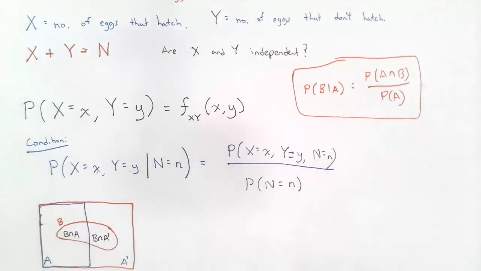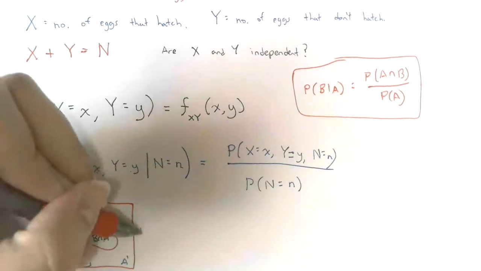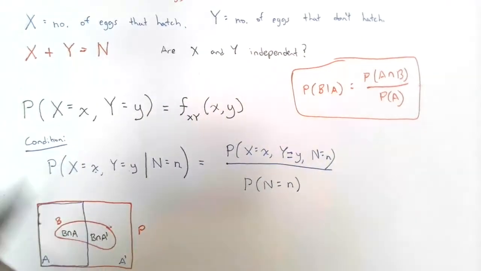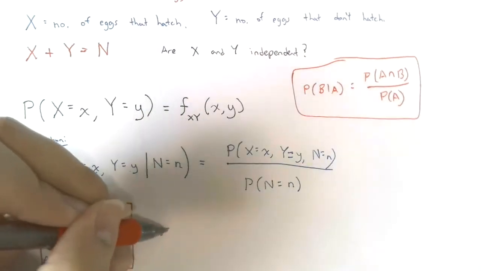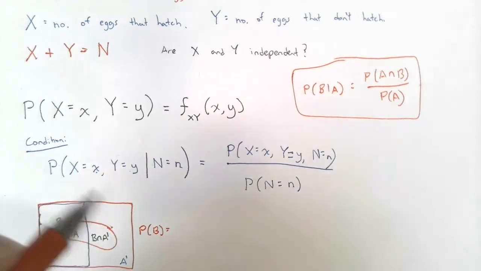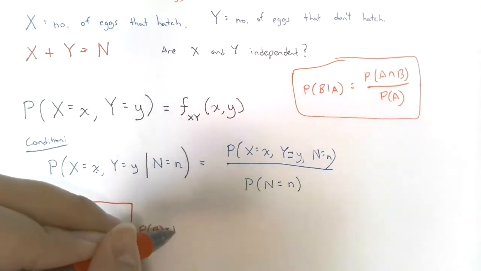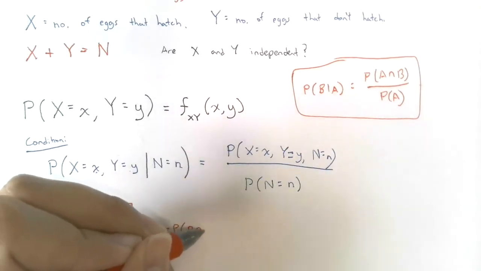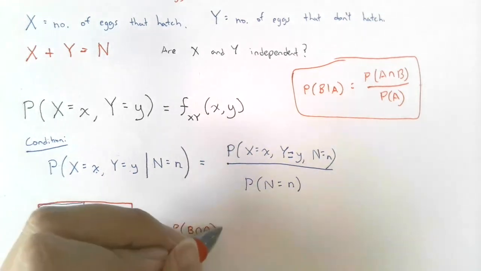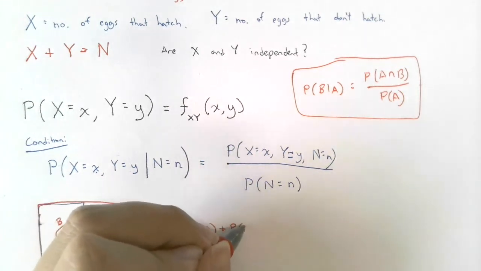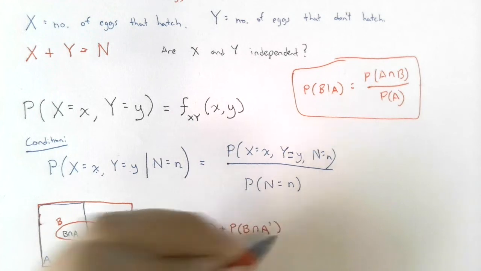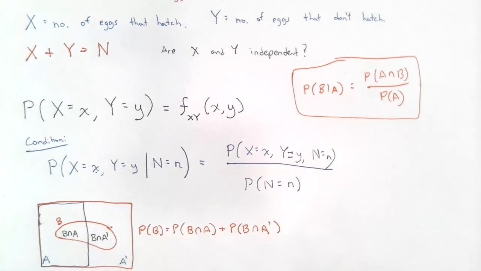Now, the total probability rule tells me that the probability of this blob, the probability of B, is going to be equal to the probability of the intersection of B and A plus the probability of the intersection of B and A prime. I think we can see that graphically.